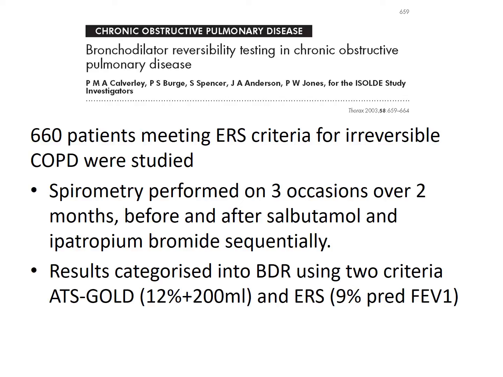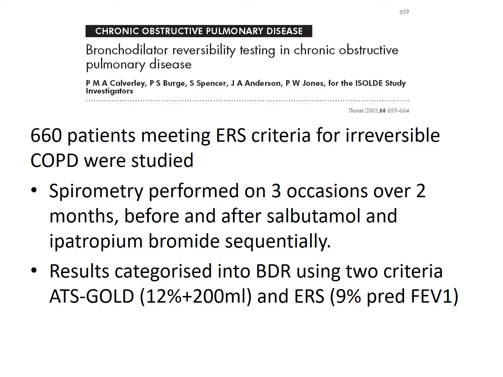And by the way, this is the study that's responsible for the 400 milliliter FEV1 criteria you see quoted in various guidelines around. During this, they measured bronchodilator response 3 times in the same individual, in those that they recruited, over a 2-month period, and they did so with a short-acting beta agonist, the SABA, and a short-acting muscarinic receptor antagonist, the SAMA, doing spirometry after each dose.